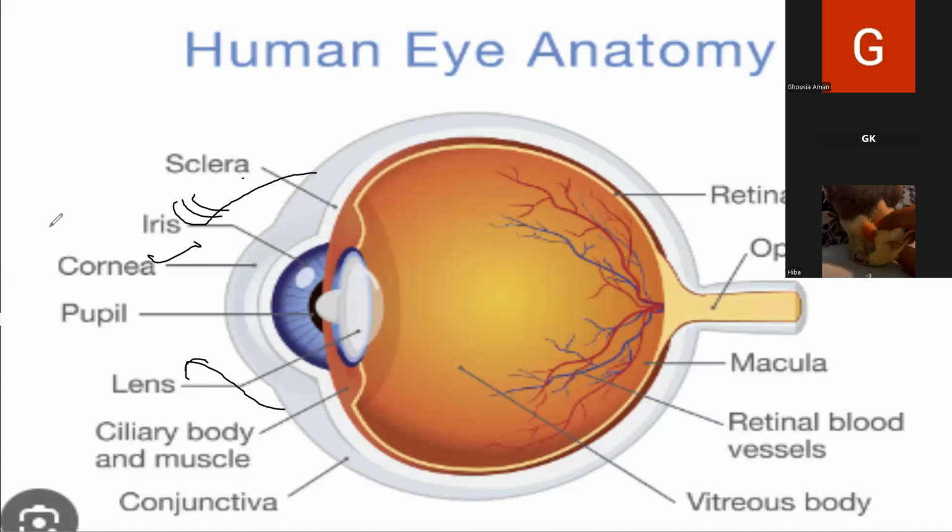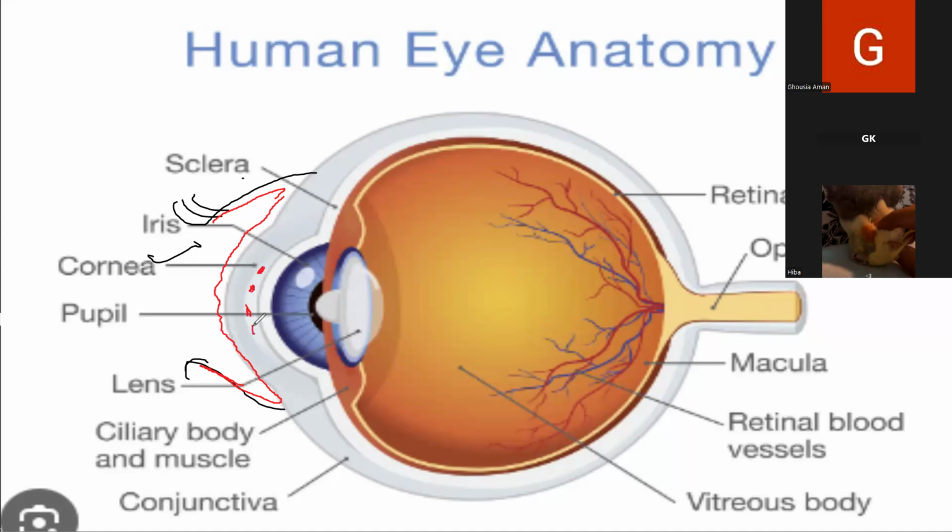The conjunctiva starts on the underside of the upper eyelid, comes in front of the cornea like this, and ends on the underside of the lower eyelid. Then this is your cornea, the glassy layer.